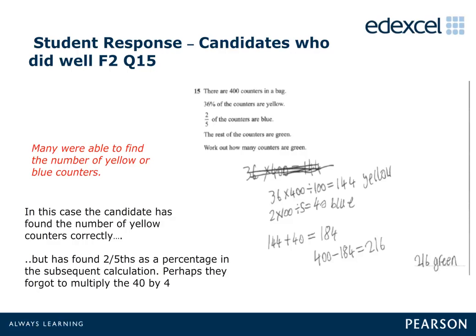Although in this slide the student did not get full marks, there was enough working shown to ensure some marks. The candidate has found the number of yellow counters correctly, but has found 2/5 as a percentage in the subsequent calculation. Perhaps they forgot to multiply the 40 by 4, which would have put them back on the right track.